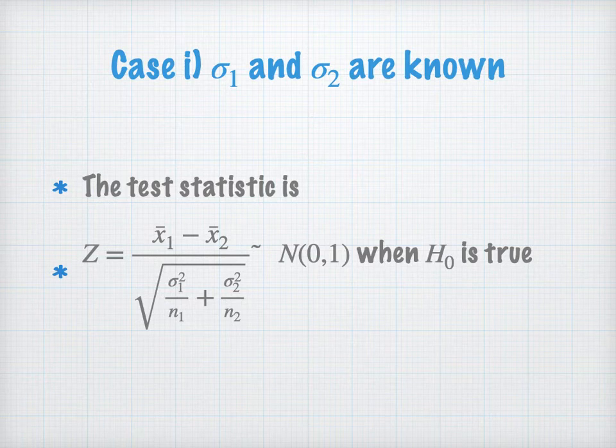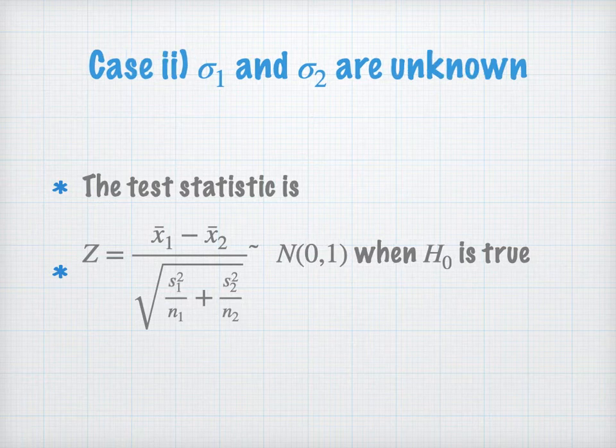Similarly, if sigma 1 and sigma 2 are unknown, how will it be? In that case, we find the sample standard deviation or sample variance from the sample, and we replace the population standard deviation or population variance with it. So in the test statistic, sigma 1 square is replaced by S1 square and sigma 2 square is replaced by S2 square.